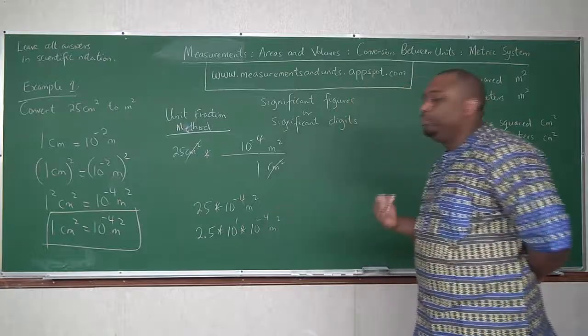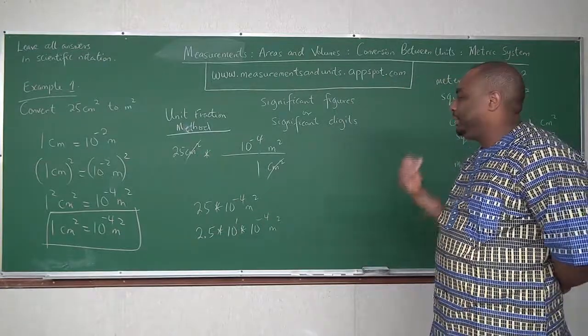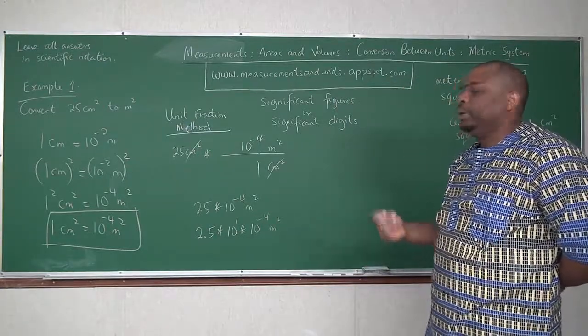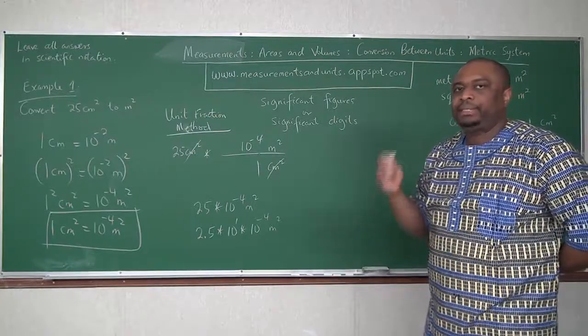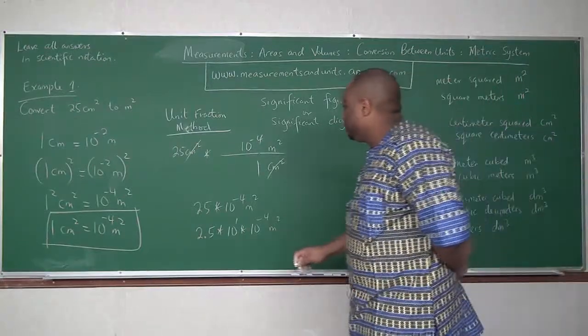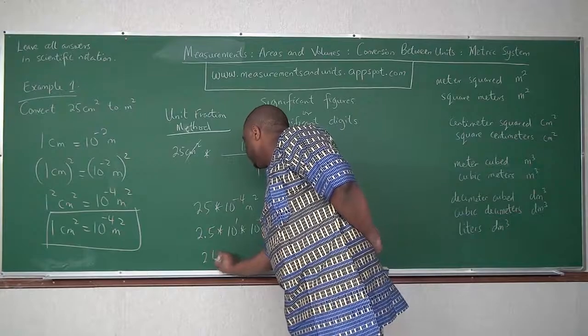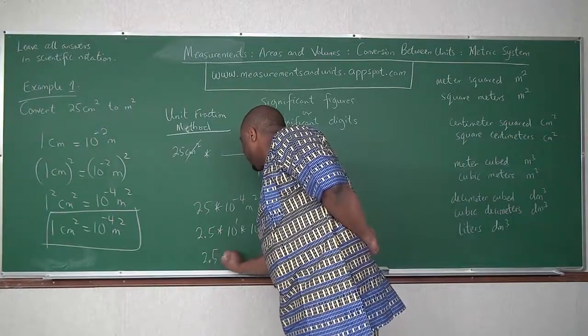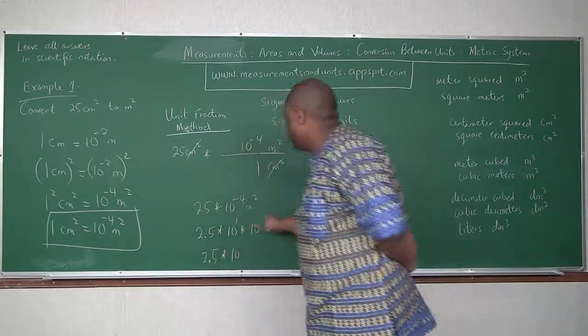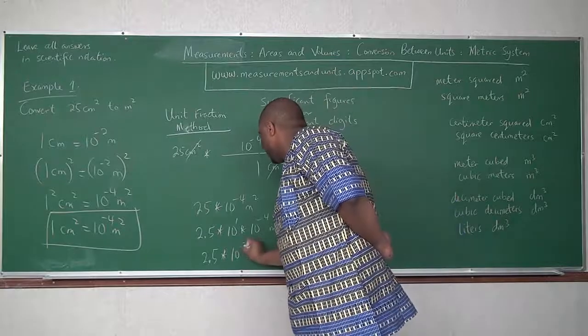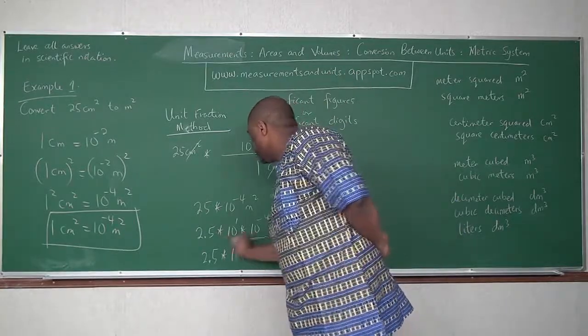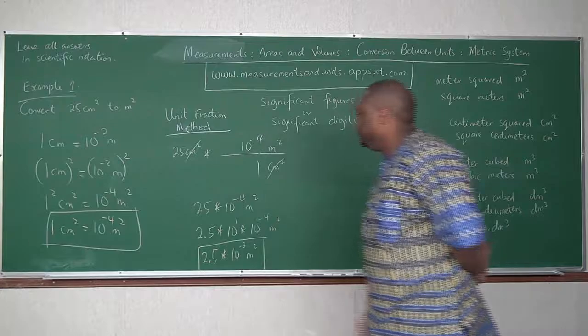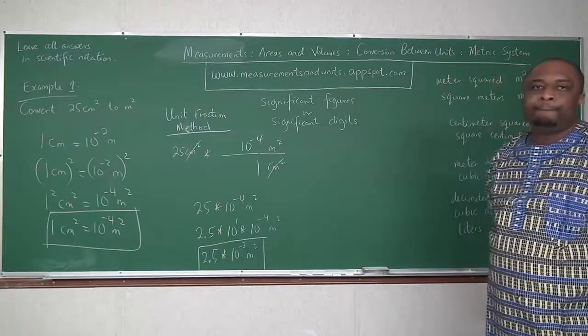You make sure that you put the unit in your final answer. So this will now give us 2.5 times 10 to 1 minus 4 is minus 3 meters squared. And this becomes the answer. That's it.